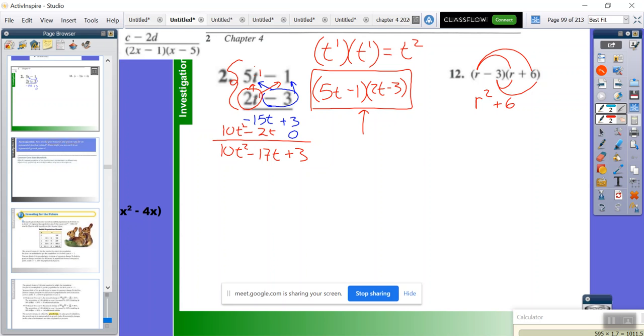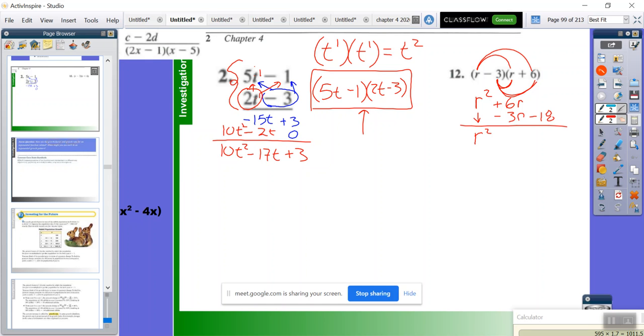That's a positive, so I'm going to put plus 6r. All right. -3 times r. -3r. Yep. -3 times 6. -18. There you go. R squared gets brought down because there's no other r squared.